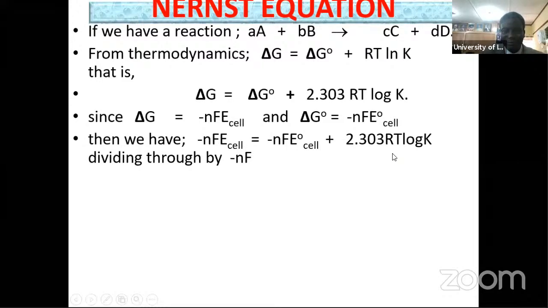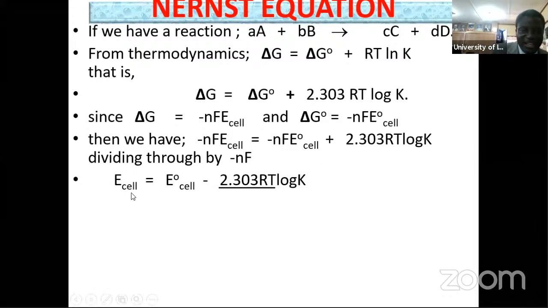Is that okay? So if you divide all through by NF, this one remains E cell, and this one remains E naught cell, and the last one is just going to be this, because I divided by minus NF.